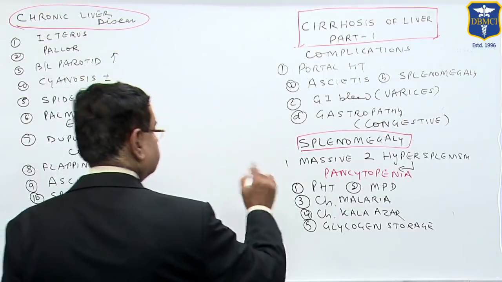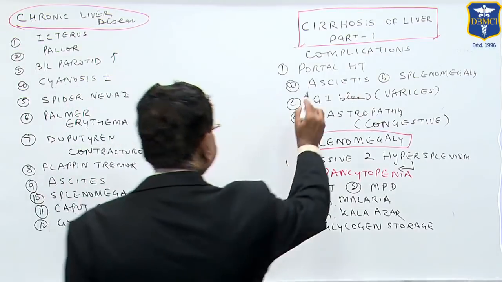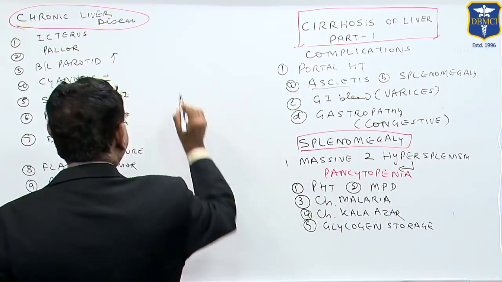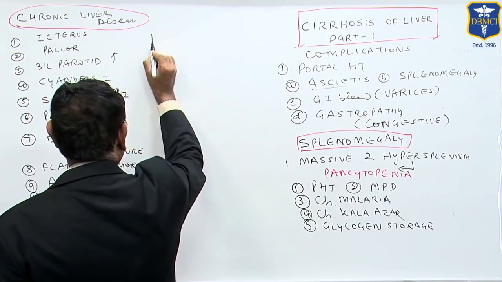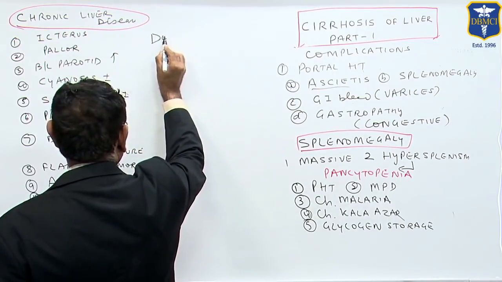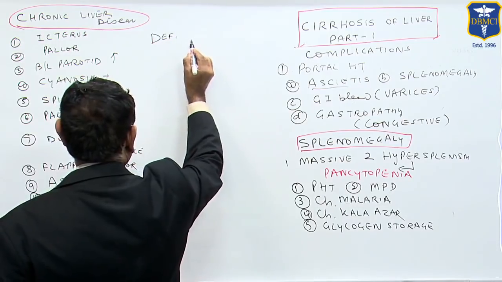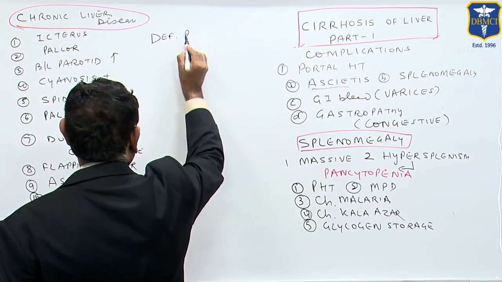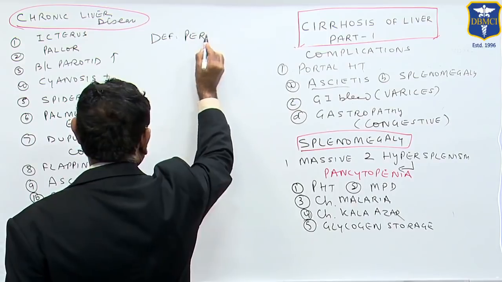So, now the second entity that we have is ascites. It is the definition of ascites. It is a collection of fluid in the peritoneal cavity.